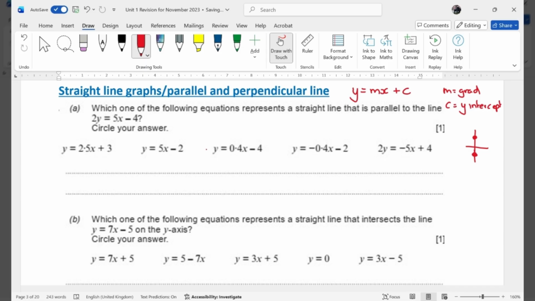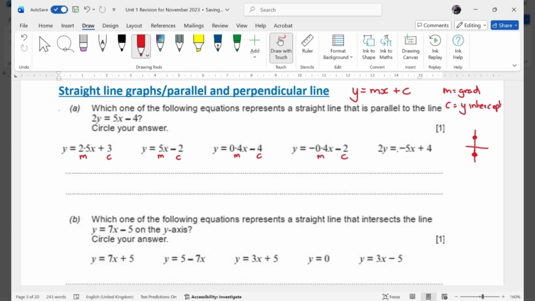So in this one here, the gradient is 2.5 and the y-intercept is c. In this one, the gradient is 5 and the y-intercept is -2. In this one, the gradient is 0.4 and the y-intercept is -4.